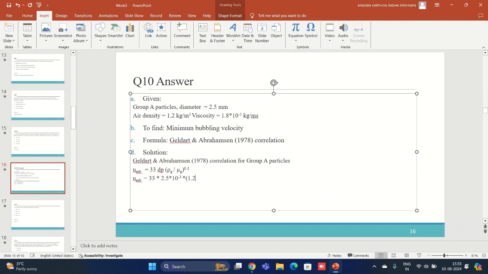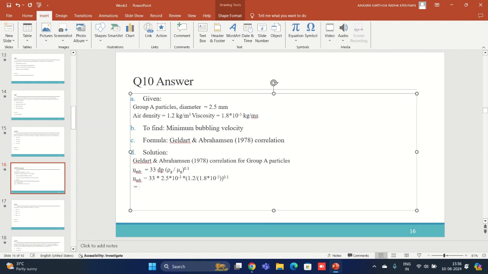What is rho g? Rho g is 1.2 divided by 1.8 into 10 power minus 5, and whole power 0.1. So now we need to calculate. If anyone calculates, you can give the answer.